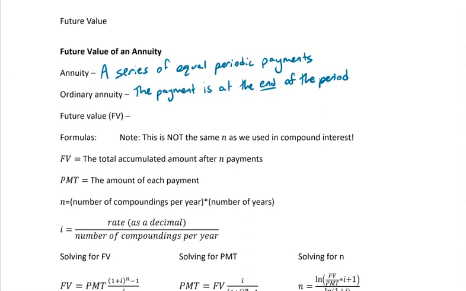Now, future value is the final accumulated sum of all payments plus interest.